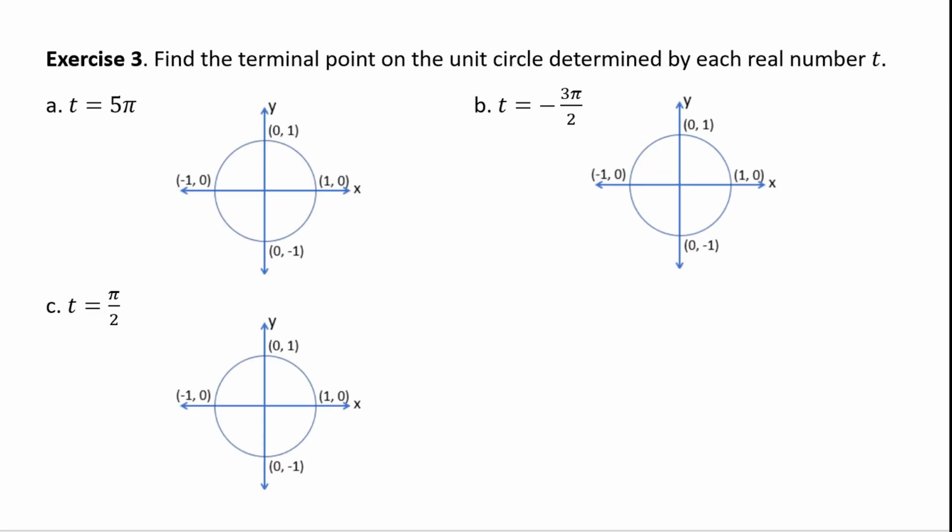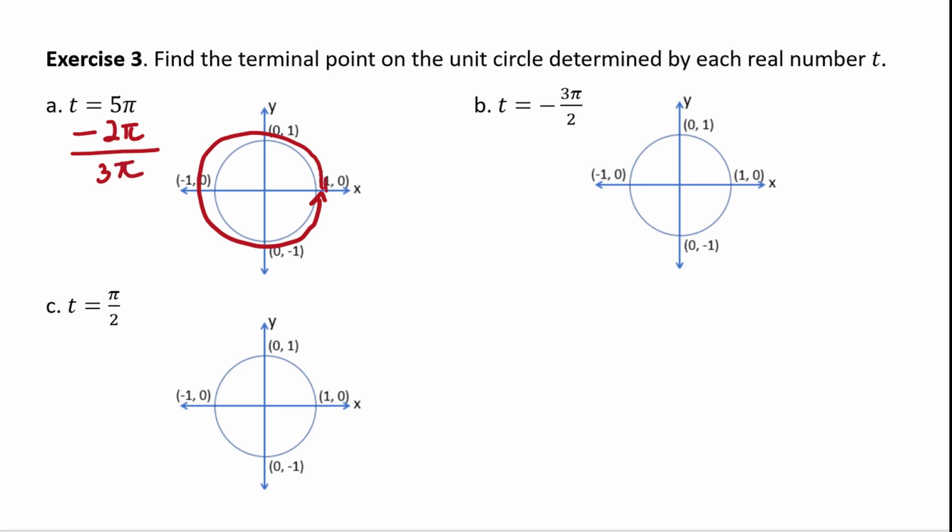Exercise 3. Find the terminal point on the unit circle determined by each real number t. A. t equals 5 pi. To determine the terminal point, begin at 1, 0, and 1 revolution gets us back to the same point, so subtract 2 pi, which ends up with 3 pi.